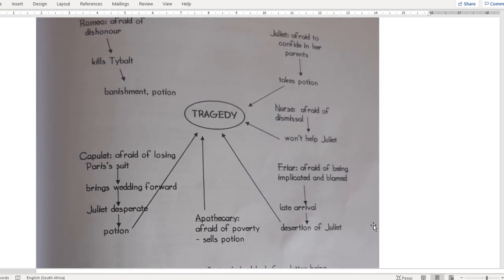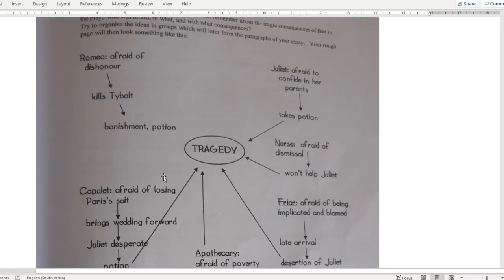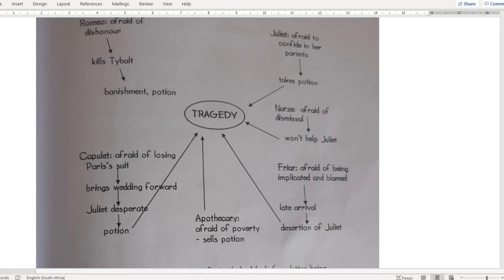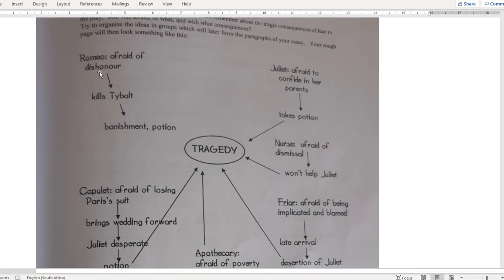Behind that, I gave a suggestion to my class of a different way you can do it, and I'll show you when I unpack the question or the essay topic. So here they have given you this mind map in which we see that, for instance, Romeo is afraid of dishonor. He kills Tybalt, his banishment and the potion. Right, all of these linked to his tragic event.